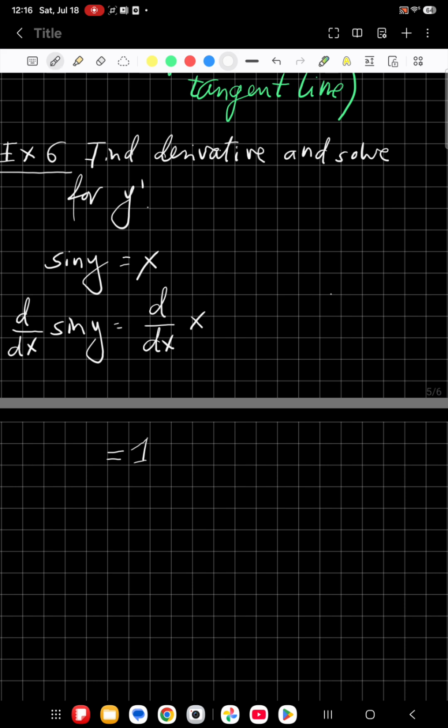Anyway, on the left side, I have sine of y. The derivative of the outside is cosine, so I write cosine y. But now I need the derivative of the inside, so that's y prime.